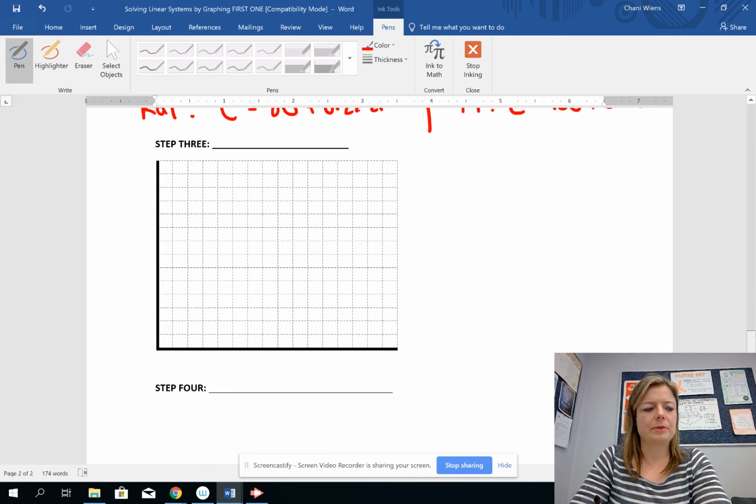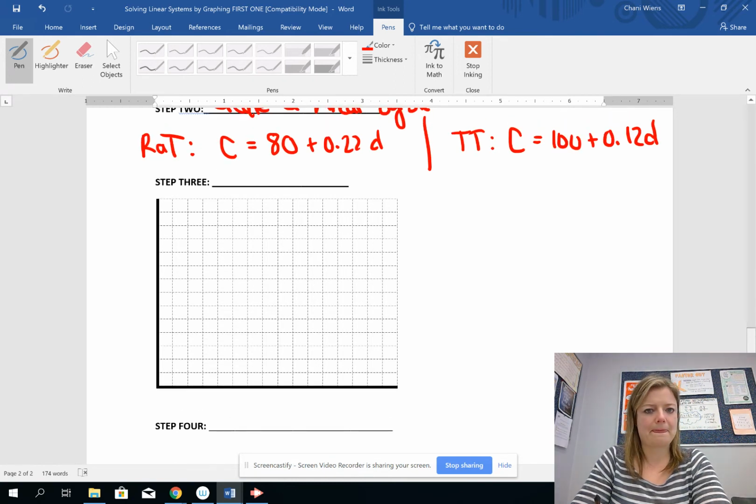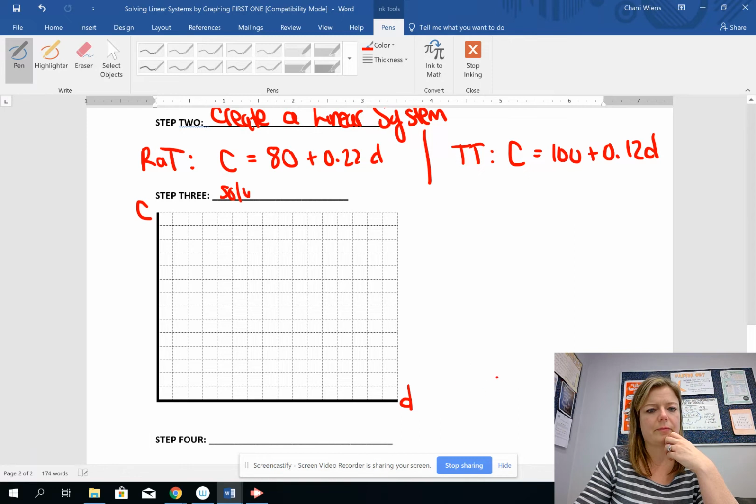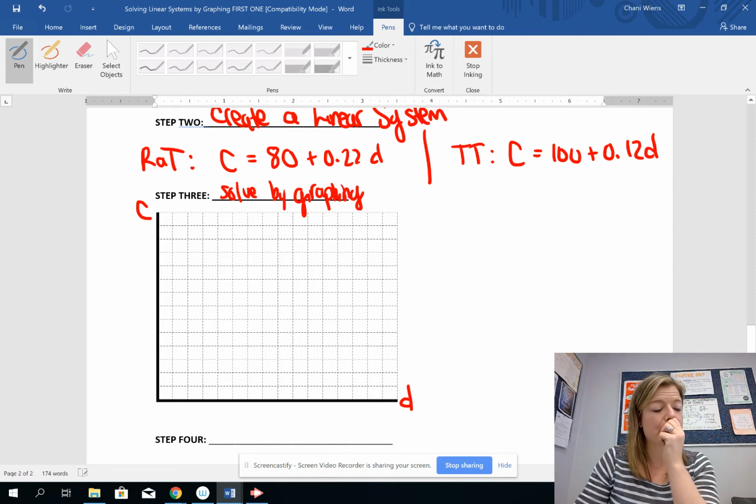Now, let me just put some of that. Okay, so we want our distance to be on this axis and our cost to be here. So we're going to solve by graphing. Now, let's think about this logically. If you're moving, you're not likely going just 1 kilometer, okay?